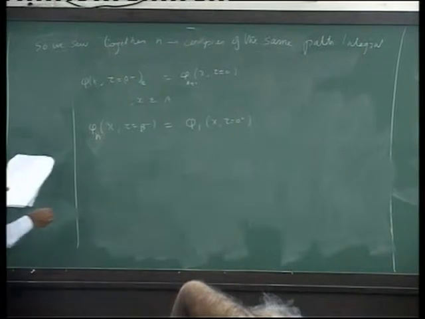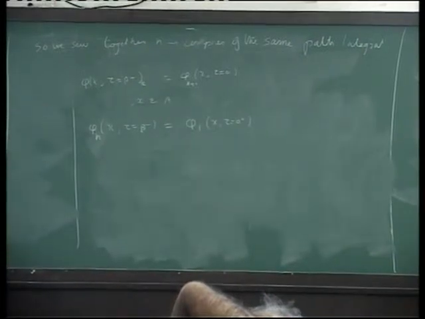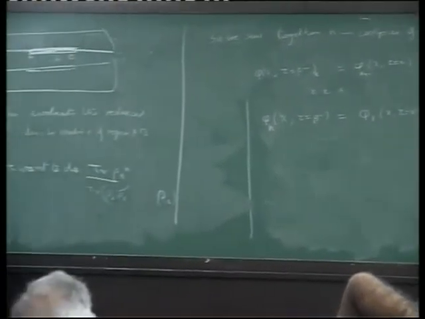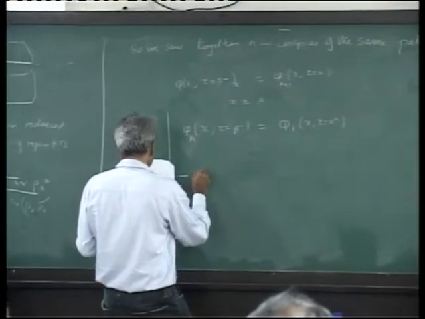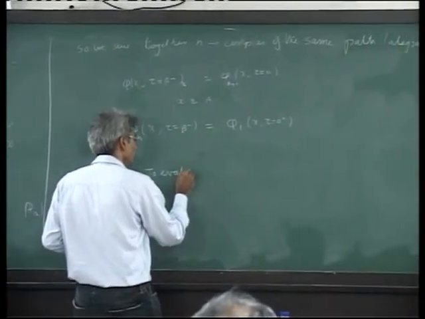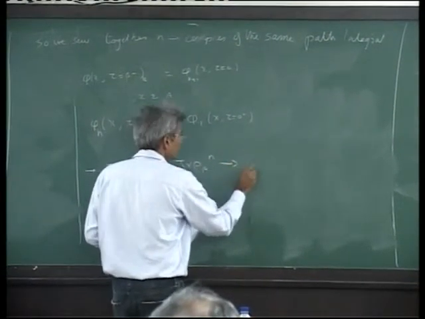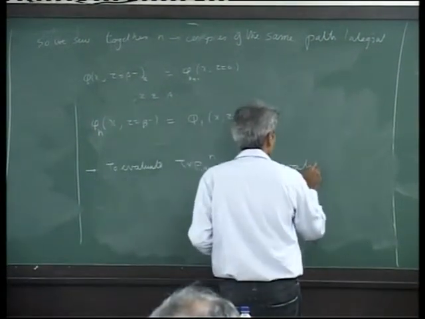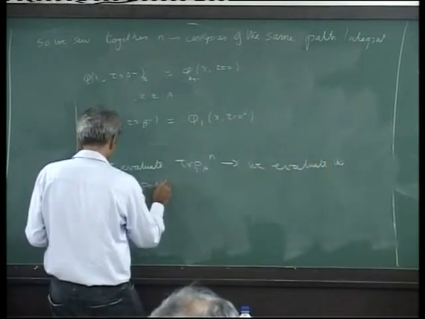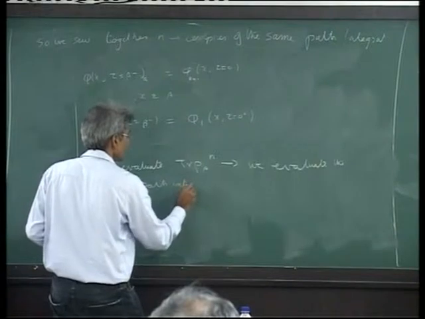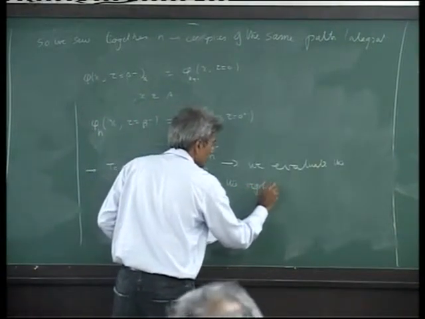Okay. So to evaluate trace of rho A to the n, we need to evaluate the path integral in this geometry. So to evaluate trace of rho A to the n, we evaluate the path integral in the replica geometry.